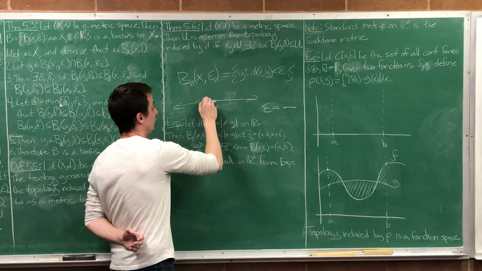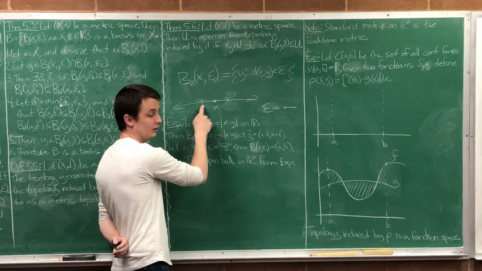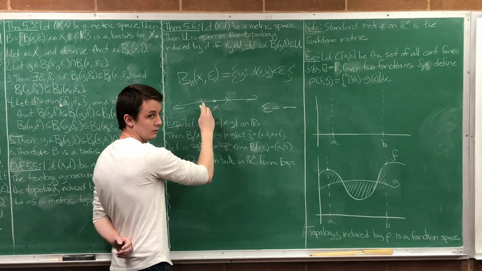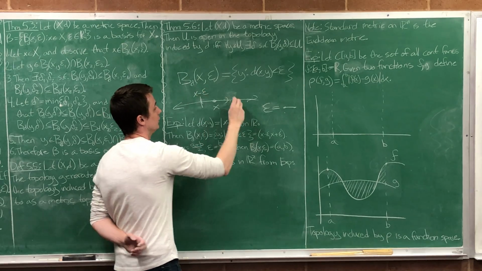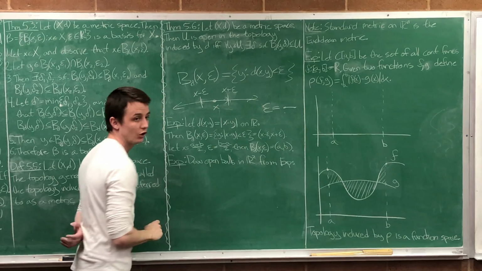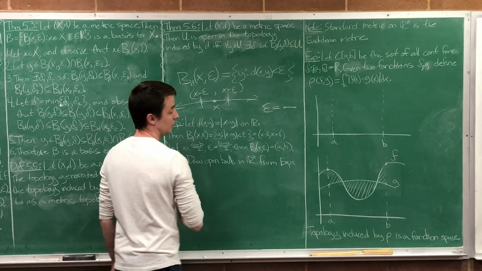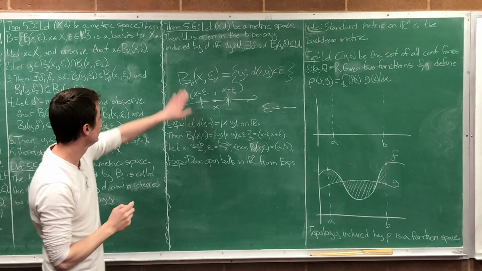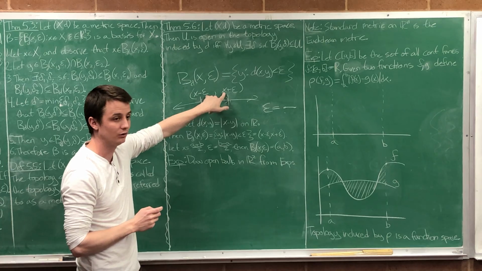All the points from here to here, roughly, where this is x minus epsilon and this is x plus epsilon. Draw a line here, x minus epsilon. Draw a line here, this is x plus epsilon. All the points on the interval from here to here are the points in this open ball. So this open ball is the same thing as this interval.